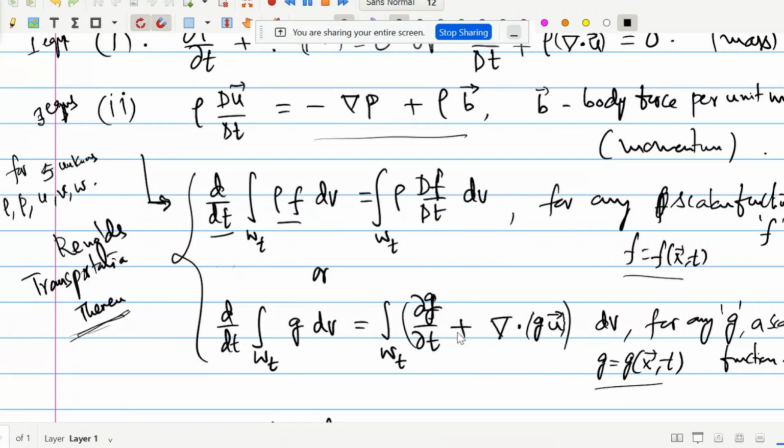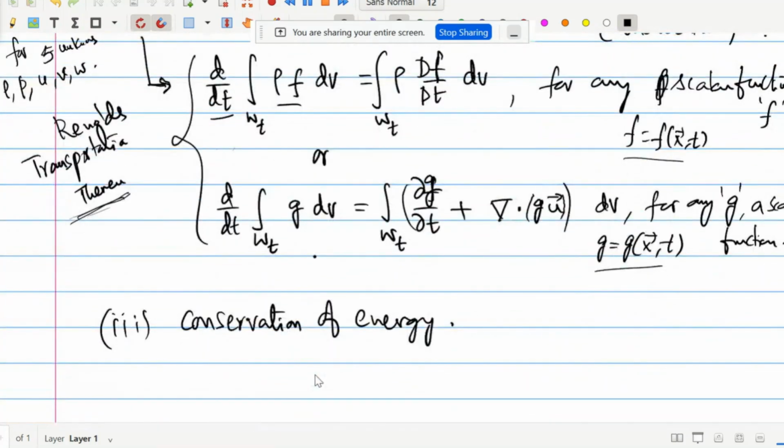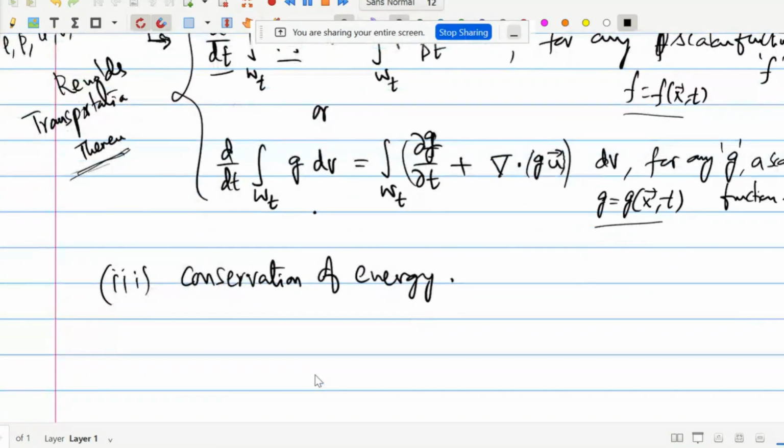You remember one of them because we do applications of the Reynolds transportation theorem. We'll use it for simple things like finding surface boundary conditions, when you derive kinematic boundary conditions. So remember one of them. To talk about that fifth equation, we use energy conservation.